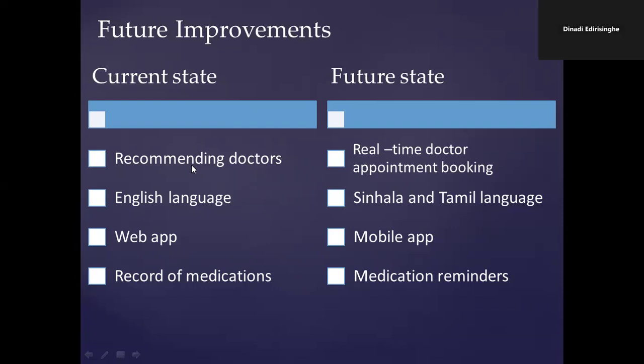So if the app is improved by adding a page for hospital registrations, the user can make an appointment with the doctor through this app. That means the user doesn't have to go to the hospital or another website just to make an appointment with the doctor. The user can do it through this app.